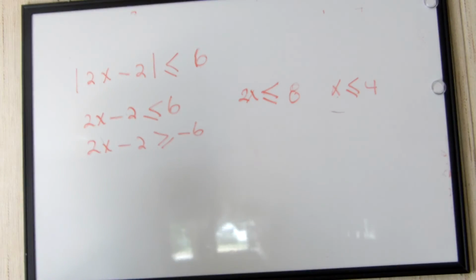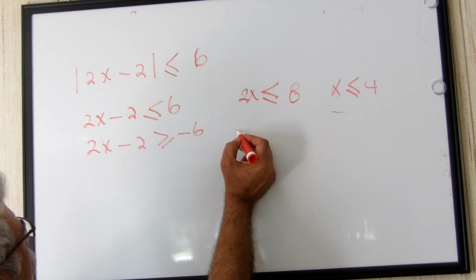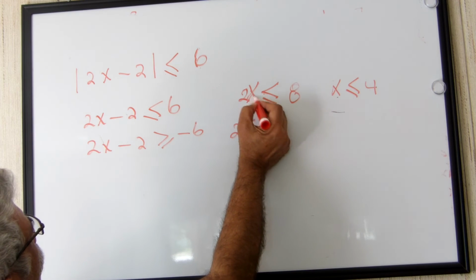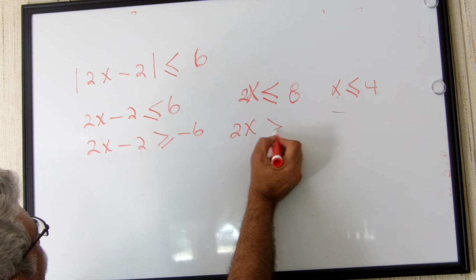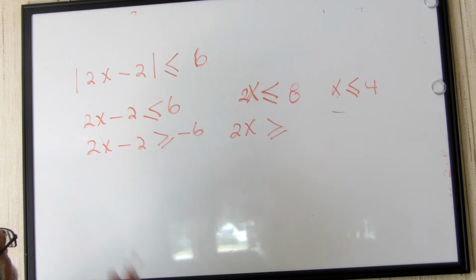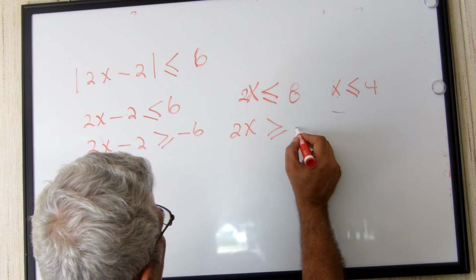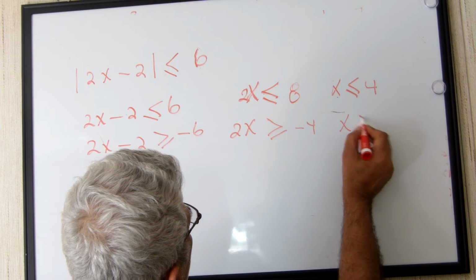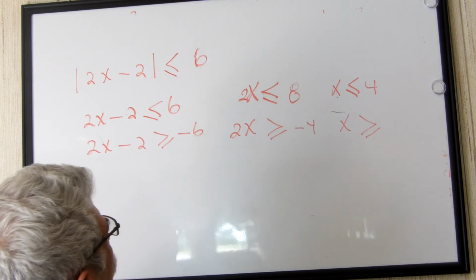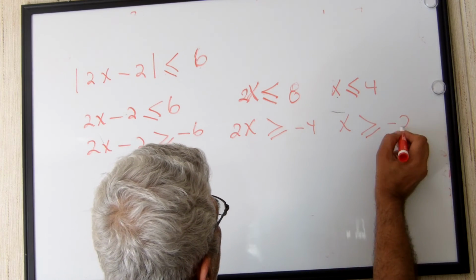Here, 2x is greater than or equal to minus 6, the 2 is going to go there as plus 2, so minus 6 plus 2 is minus 4. So x is greater than or equal to minus 2.